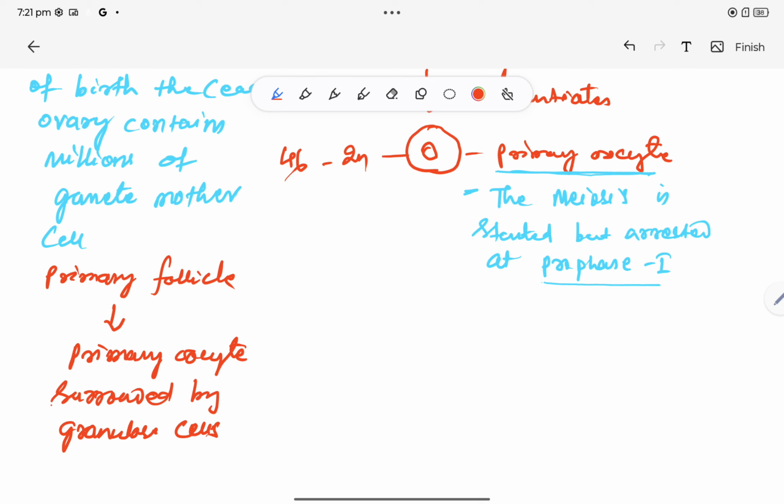Okay, so in the cortex that I told you about, the follicle is formed by the combination of the primary oocyte and the granulosa cells. A layer of granulosa cells surrounds the primary oocyte, and this is called the primary follicle.